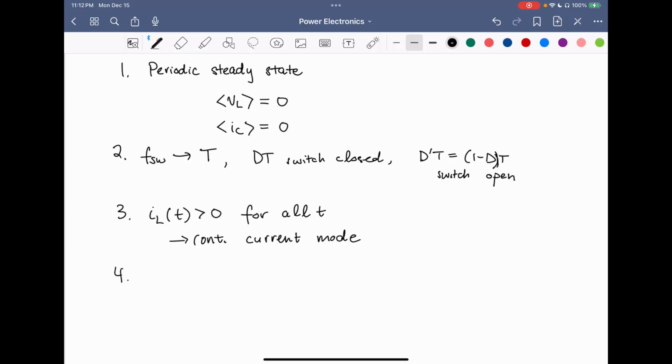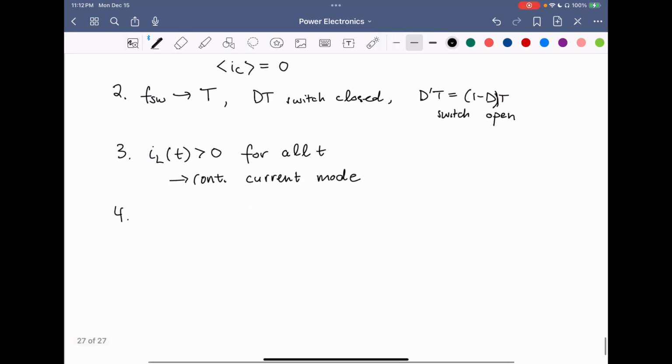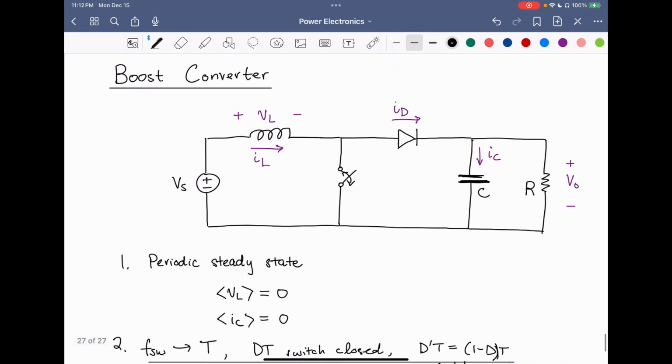Now, the fourth assumption we're going to make for this analysis is that the capacitor here is very large, and thus the output voltage is purely DC with a value of VO. We will relax this assumption later on when we want to study the output voltage ripple, in which we're going to get some small ripple on top of that DC value.